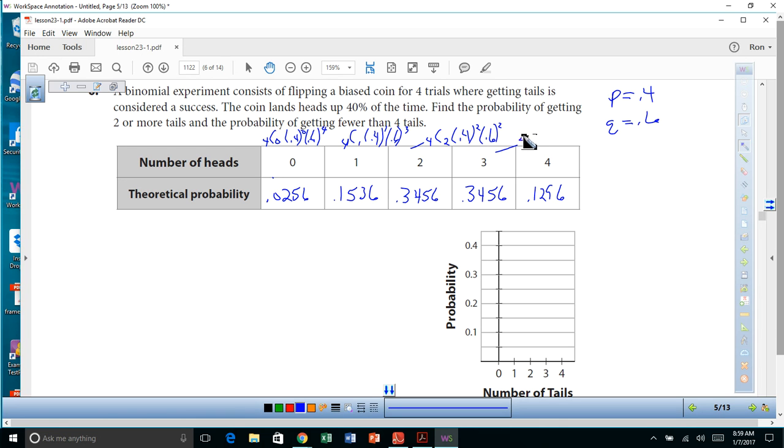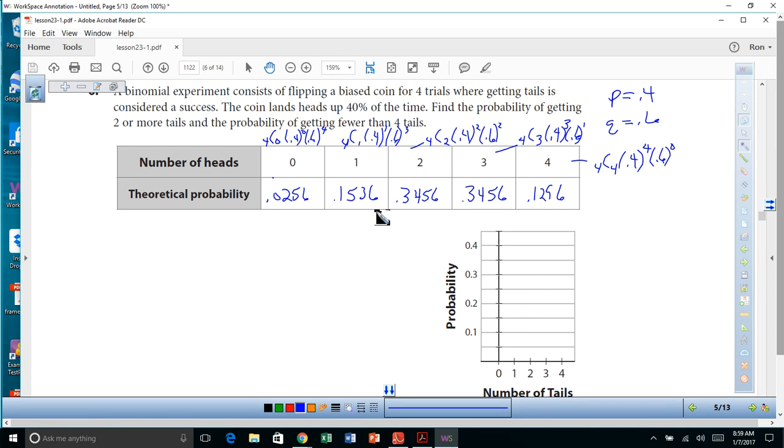This one here would be 4 choose 3, 0.4 to the 3rd power, 0.6 to the 1st power. And this last one would be 4 choose 4, 0.4 to the 4th, 0.6 to the 0. All right? That's where I got all of those.